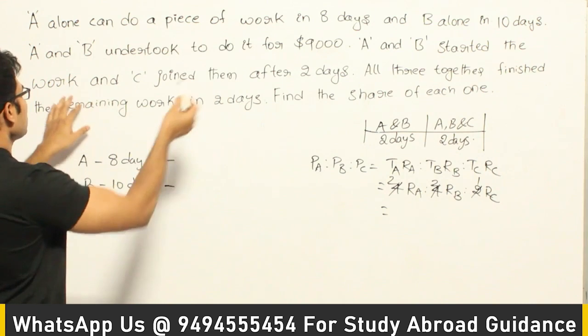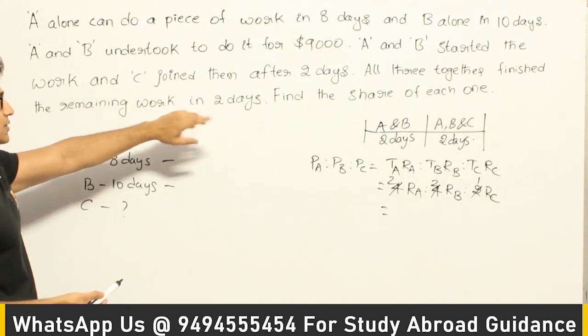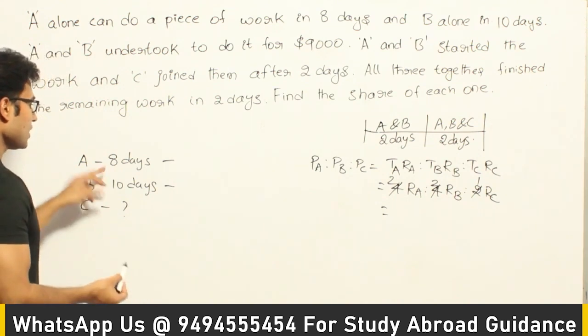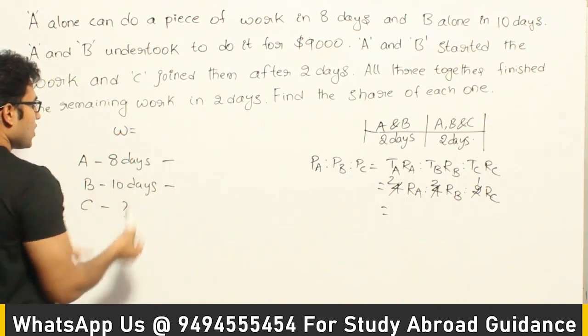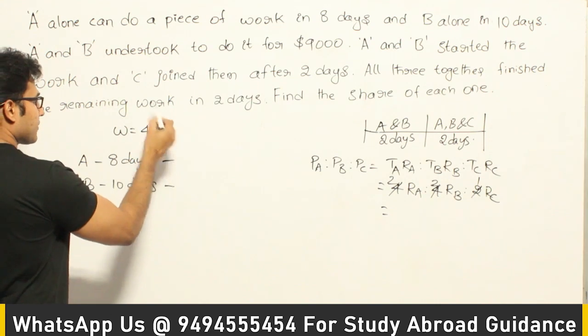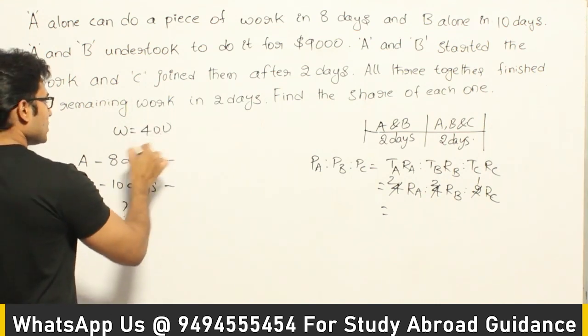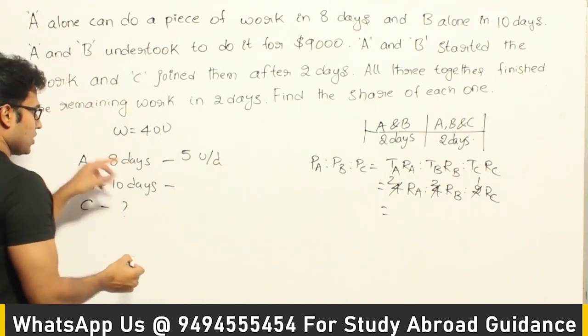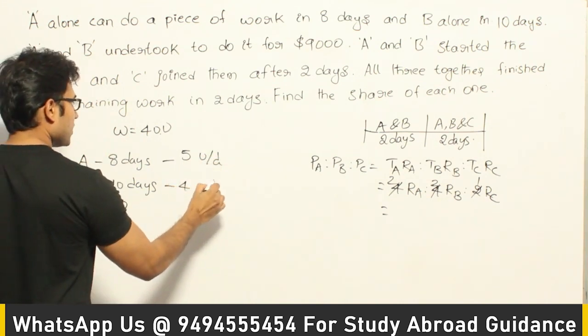A and B started the work and C joined after 2 days and all of them have finished the remaining work. We have to think about it later. Let us assume that the total work is 40 units. Therefore rate of A is 40 by 8, which means 5 units per day, and rate of B is 40 by 10, which means 4 units per day.